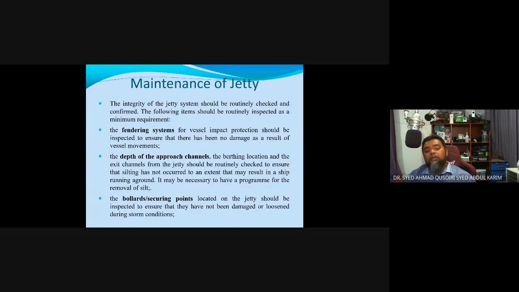So they have to have a program to dredge these channels so that they would be able to remove the silt and excess materials. Bollards and securing points located on the jetty should be inspected so that they are not damaged.